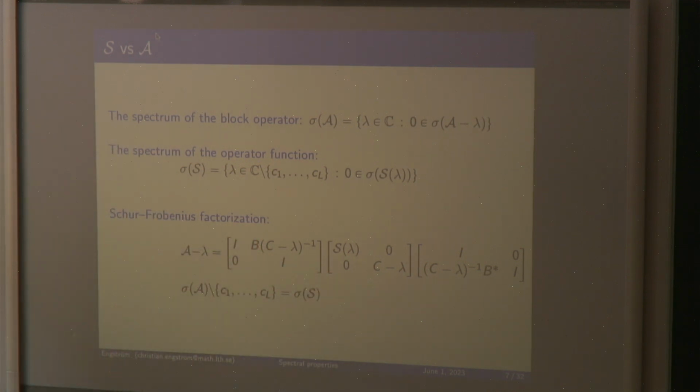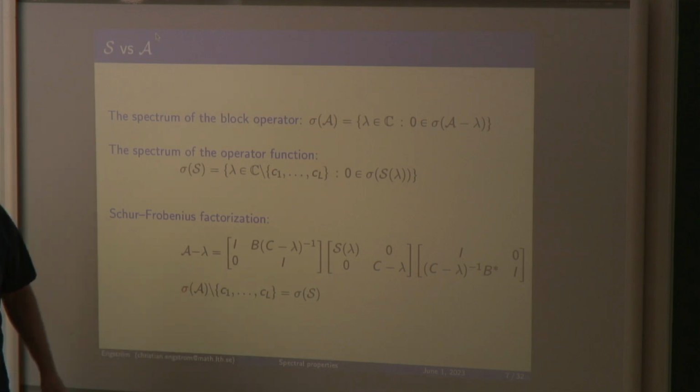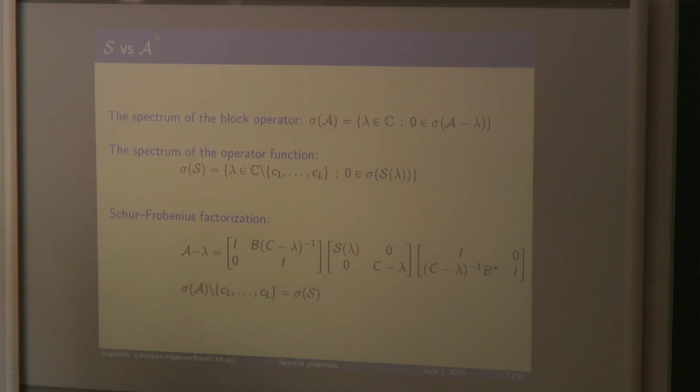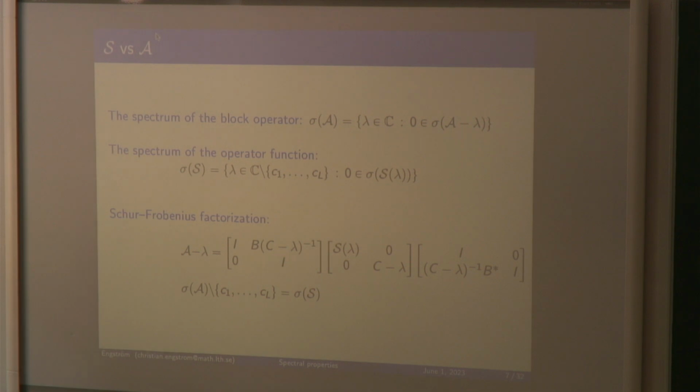From that we can see that the spectrum of A, if it's properly defined, and we take away C1 to CL, gives the spectrum of S. So they are closely connected, the operator function and the block operator, meaning that we can study one of them and get information from the other. And sometimes it's better to study the block operator matrix, and sometimes it's better to study S.